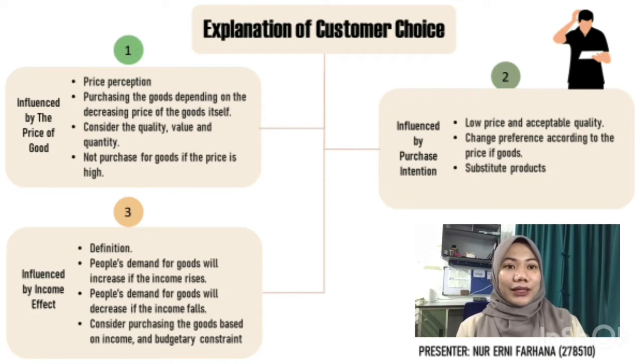Supporting that statement, respondents will purchase good A or both if their income is increased by 50%. 12 and 7 respondents strongly agree and agree to purchase good A if their income is increased by 50%.